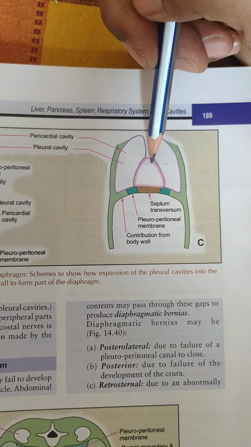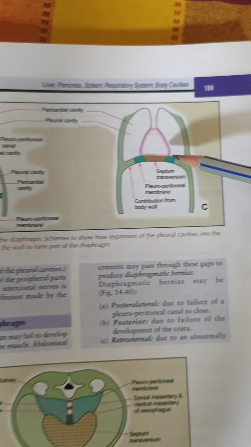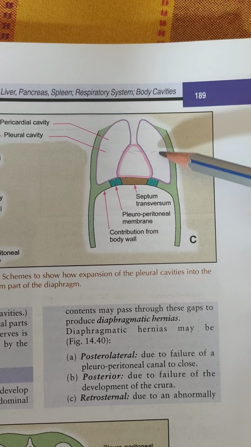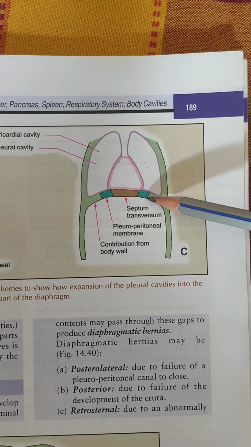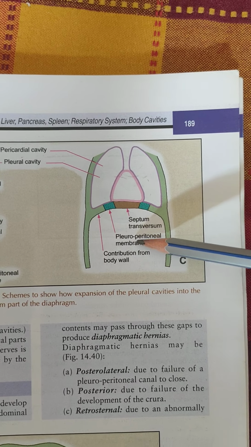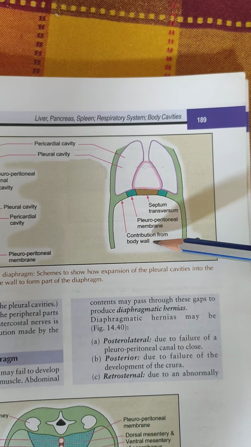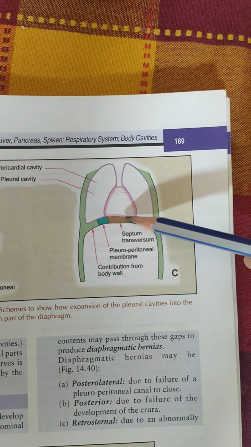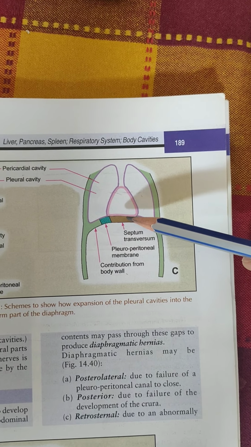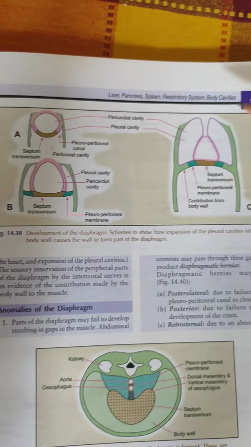The heart is within the pericardial cavity, and this is the lower connection of this pleural cavity, which is blocked by this pleuroperitoneal membrane. Then the outer part is by the contribution from the body wall, and the central part is the septum transversum. So this is about the development of the lung and pleura.